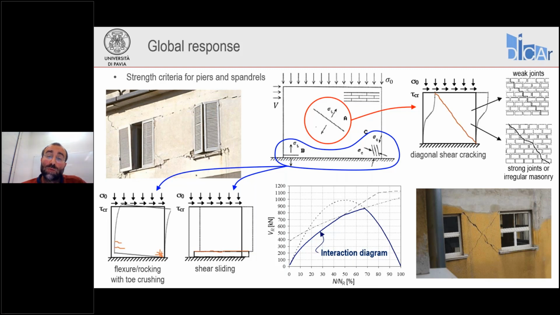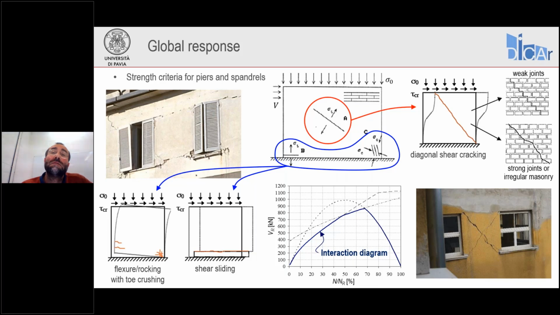Now, in the Eurocode, we find criteria related to flexural response, flexural strength, and shear sliding strength.